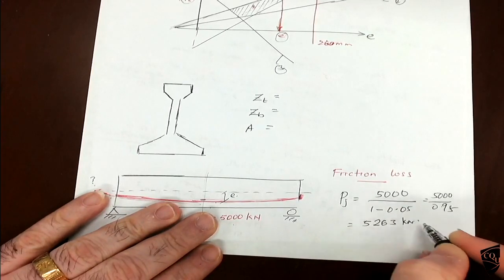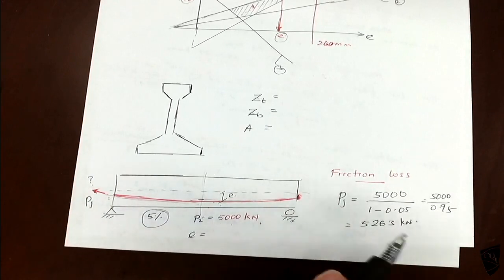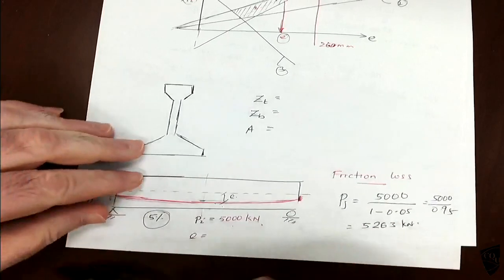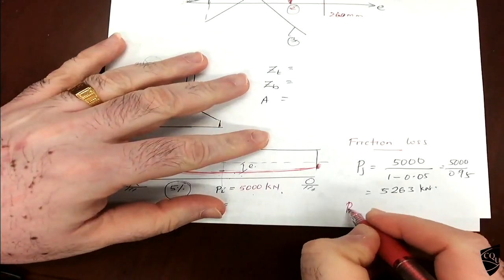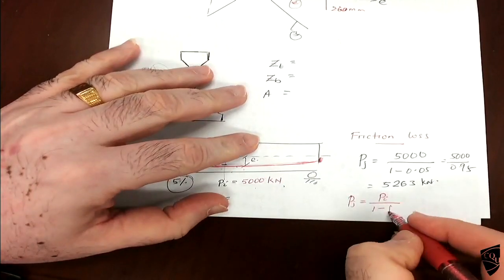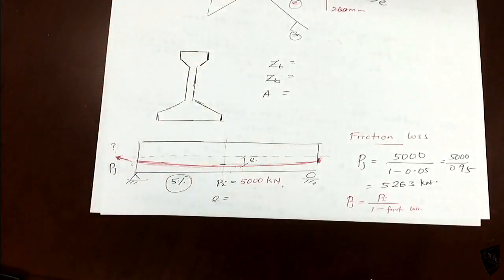So you need to apply this much load here, then with a 5% loss you will get 5000 at the mid span. How does that come? Pj equals Pi divided by 1 minus the friction loss.